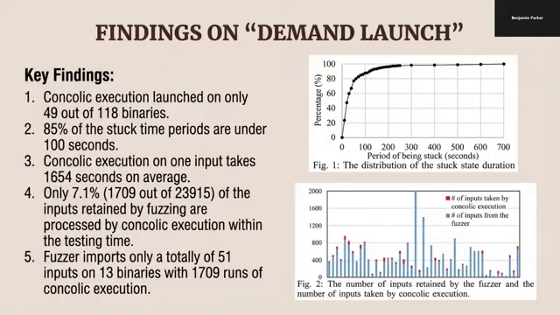Moreover, only 51 inputs of the concurrent execution were imported by the fuzzer after the 1,700 runs of the concurrent execution, which indicates a very low quality of inputs. So the result? The concurrent engine only managed to successfully help the fuzzer on 13 out of 118 programs, simply because it is too blind to the code and gets overwhelmed immediately.